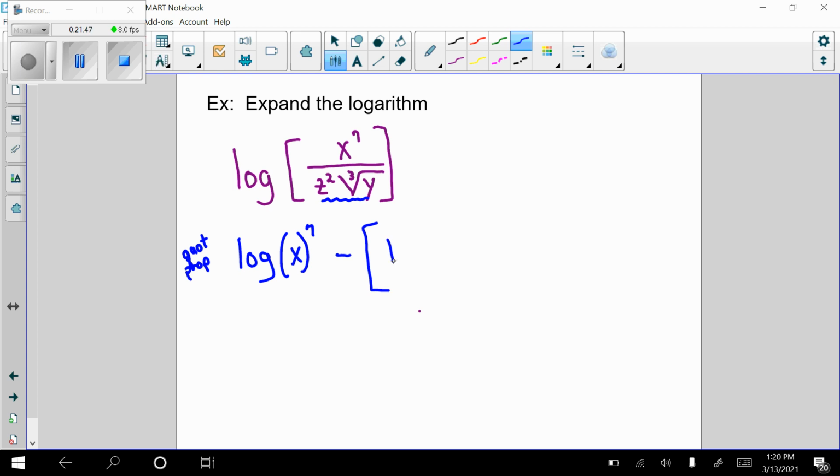So now I'm subtracting that entire denominator log, which is going to be log z squared. And since this is a product, I can go ahead and separate that to addition, log, and I'm going to change my cube root of y to y to the 1/3.